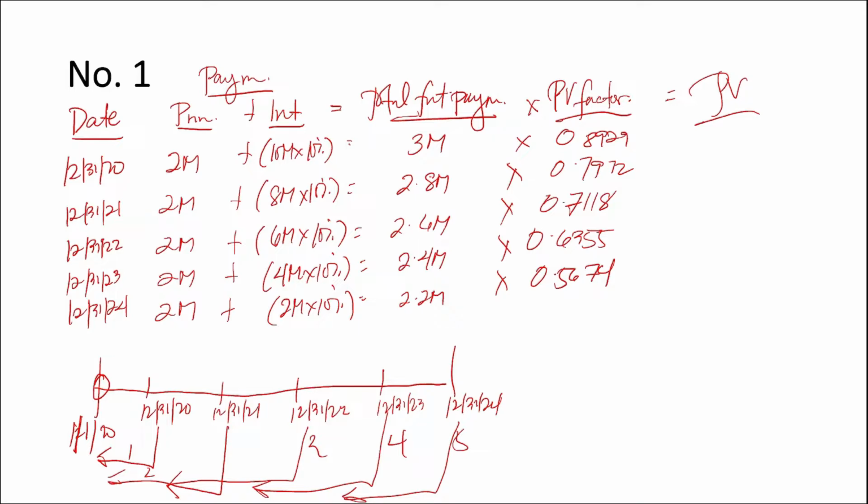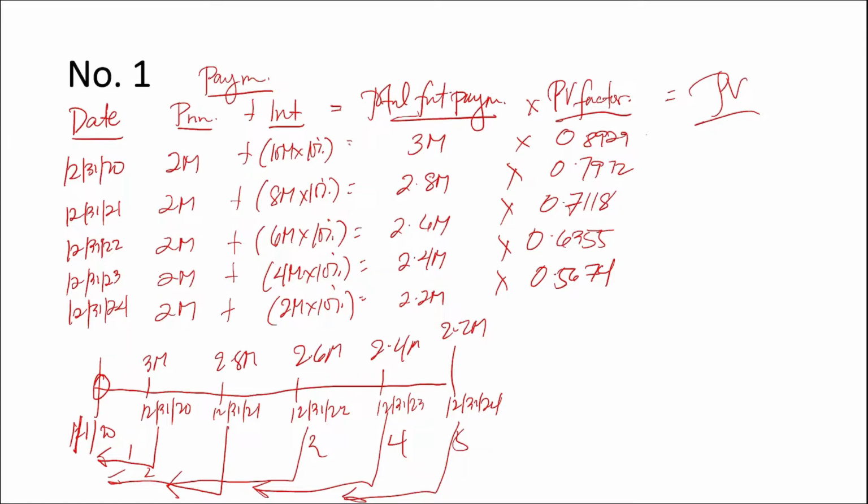Isa pa, para mas maintindihan nyo, bakit kailangan i-present value? Kasi, yung mga payments, 3 million, 2.8, 2.6, 2.4, 2.2, mga future payments, you must compute for the present value. Kasi may time value of money concept. Nakuha nyo? Okay.